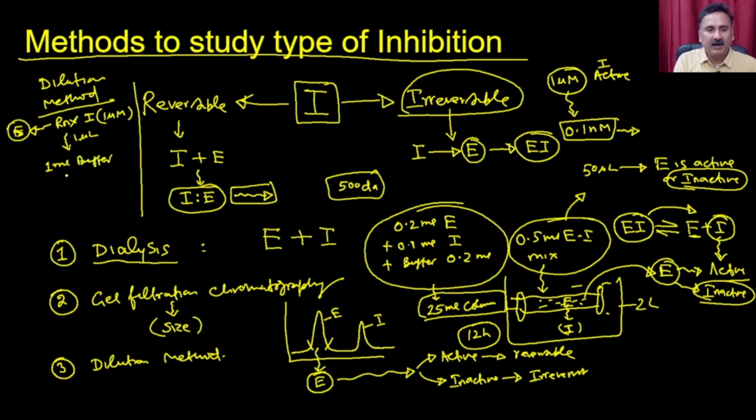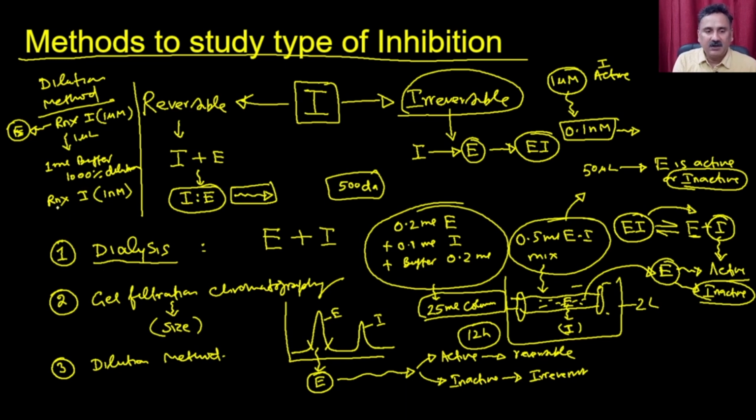This means you have done a 1000-fold dilution. So when you do the 1000 times dilution, the inhibitor, which is 1 micromolar here, is now going to be 1 nanomolar in the reaction mixture, because you have diluted it by 1000 times.